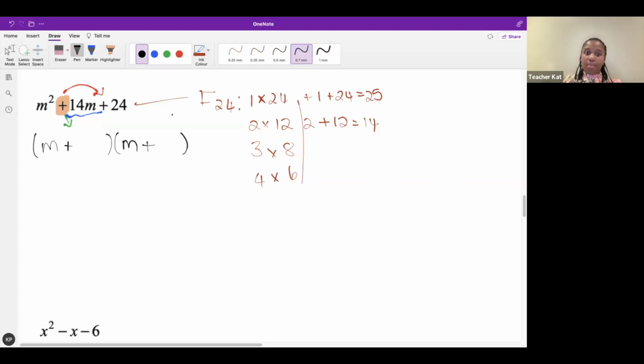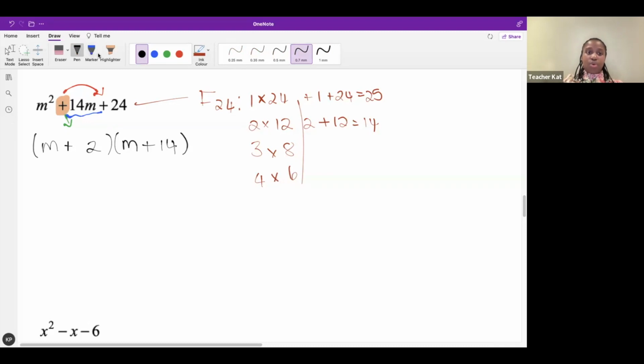So does it matter where I place them? Why not? Why does it not matter where I place them? Because they are both positive. So then it is m plus 2 and m plus 12.